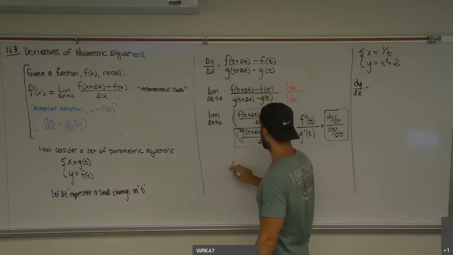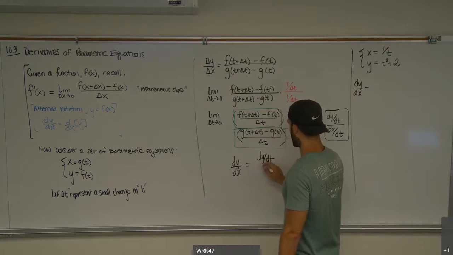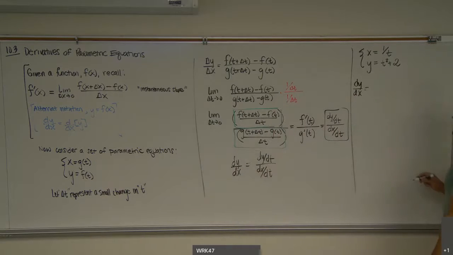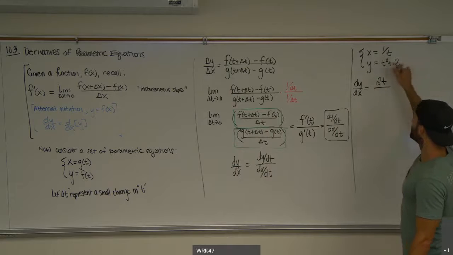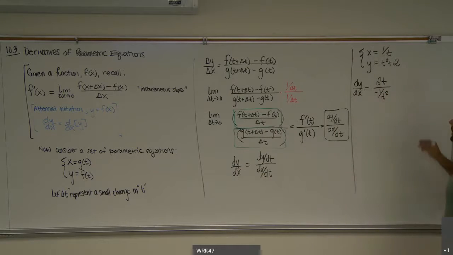The derivative of this function can be expressed, we just saw, in terms of the derivative of the y function over the derivative of the x function. And so if I look at the y function, its derivative is 2t. If I look at the x function, using my power rule, I get negative 1 over t squared. Fractions over fractions, let's multiply by the reciprocal, I get negative 2t cubed.